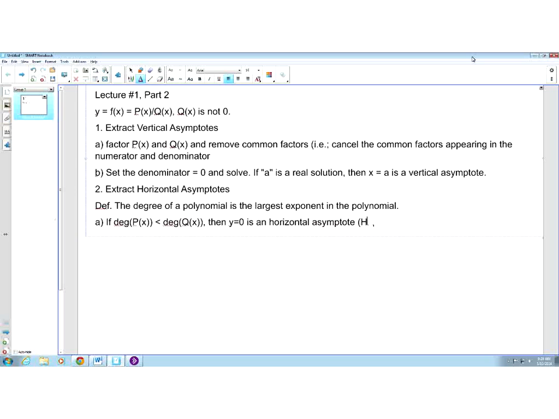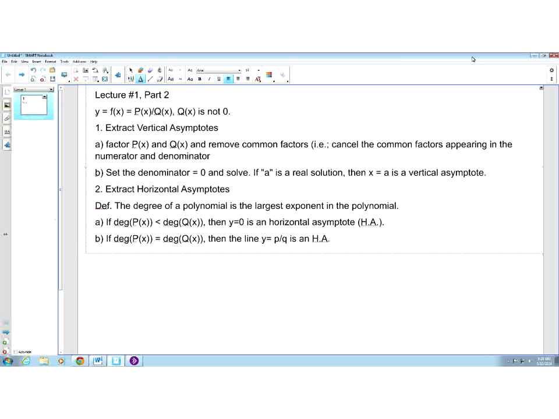And I'll write horizontal asymptote as HA. If the degree of p of x is equal to the degree of q of x, then the line y equals P over Q is an HA.